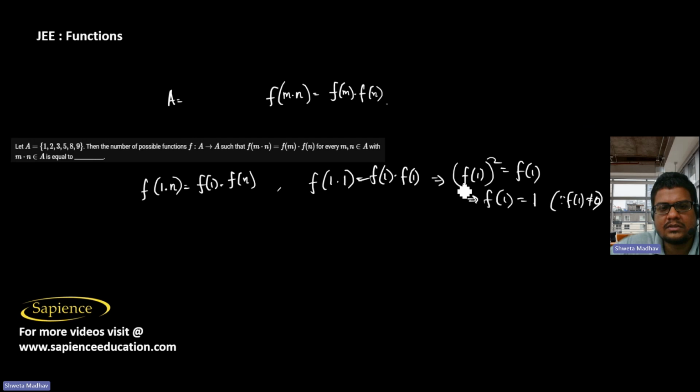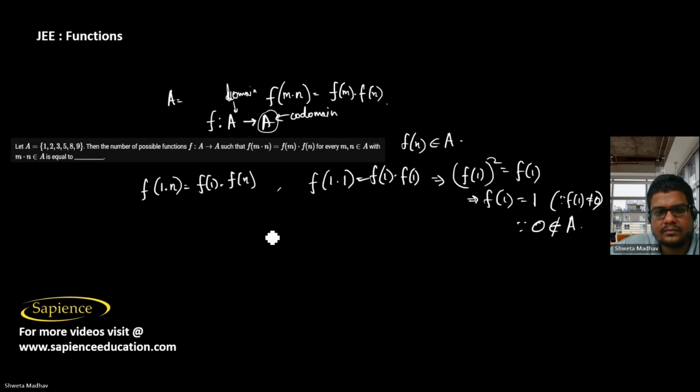Since 0 does not belong to the set A. Here it is told f maps A to A, so the codomain is also A and the domain is also A.